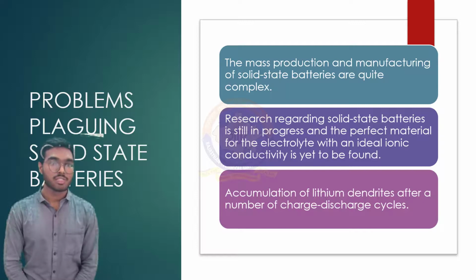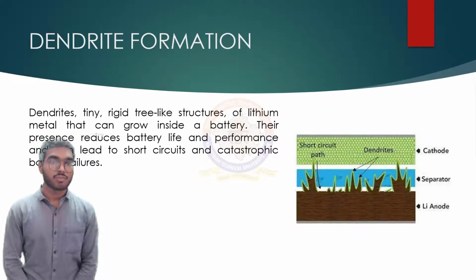There is also the accumulation of lithium dendrites after a number of charge-discharge cycles. The main reason we are not seeing a solid-state based electric vehicle is dendrite formation. Dendrites are tiny rigid tree-like structures of lithium metal that can grow inside a battery. Their presence reduces battery life and performance and can lead to short circuits and catastrophic battery failures.